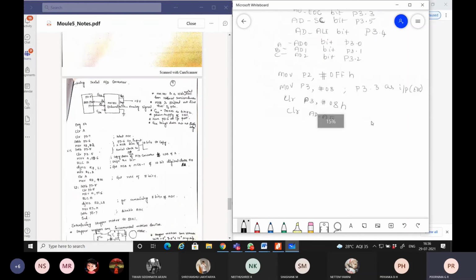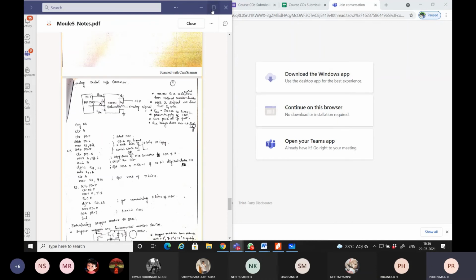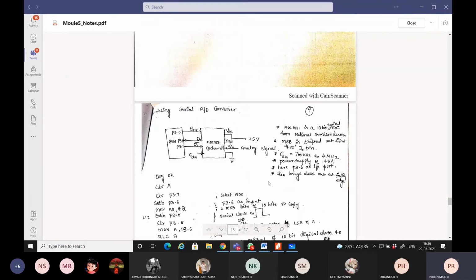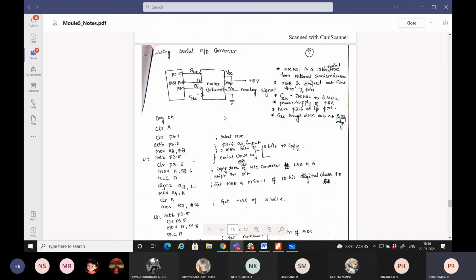Okay, this is the one, and if you go for another type of ADC, please students, you can look at here. There is a serial ADC. This serial ADC is a 10-bit ADC. The number is ADC 1031.